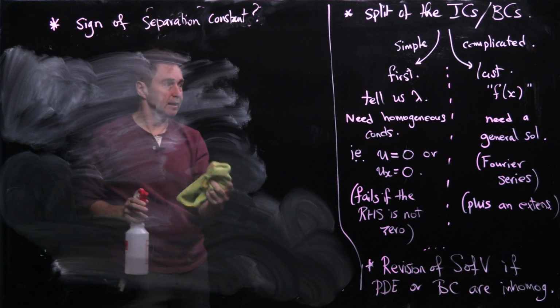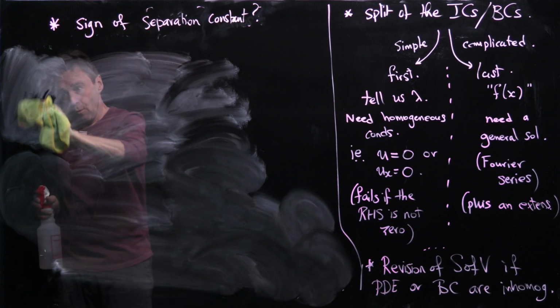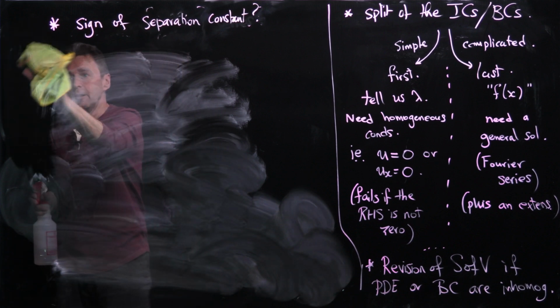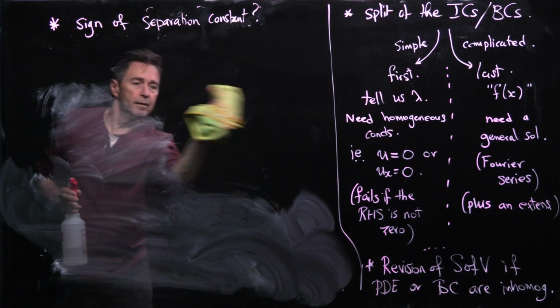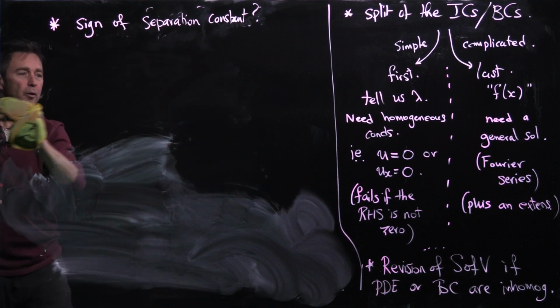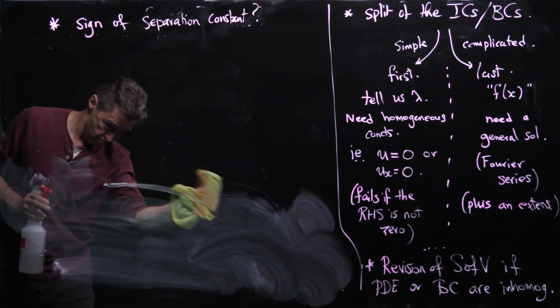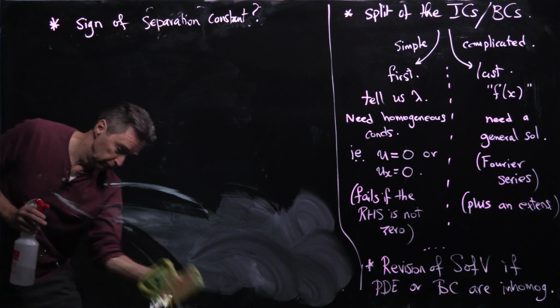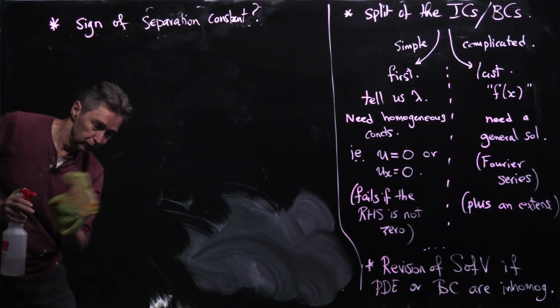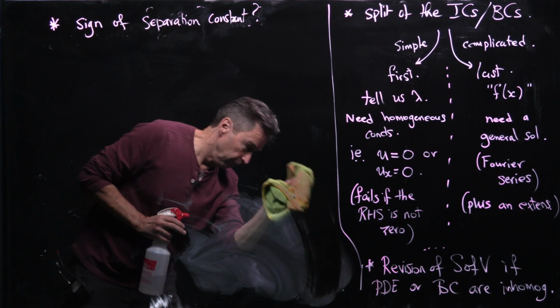And in both cases, I chose minus lambda. Why did I choose minus lambda? If you put the wrong sign, you end up having to do twice the amount of effort. So it's really useful to put the right sign in.